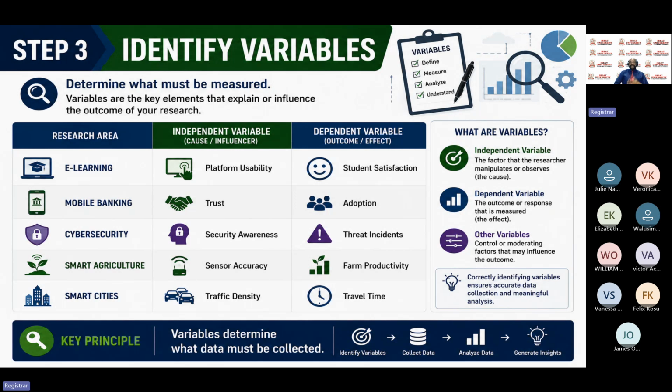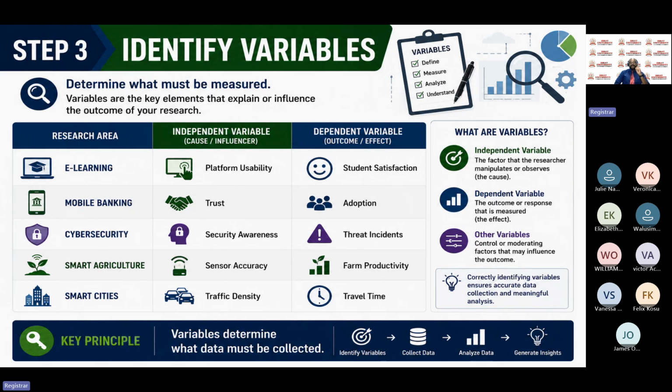So you know what variables are? We have the dependent variable, the independent variable, and other variables, that is control or moderating factors, which can influence the dependent and independent variable relations, or how they are skewed or how they are connected. So the key principle is that variables determine what data is to be collected.